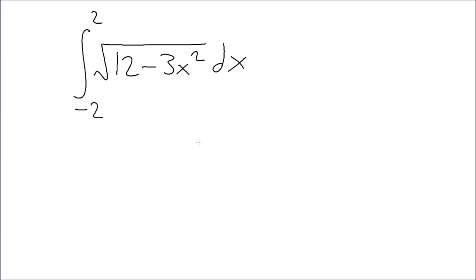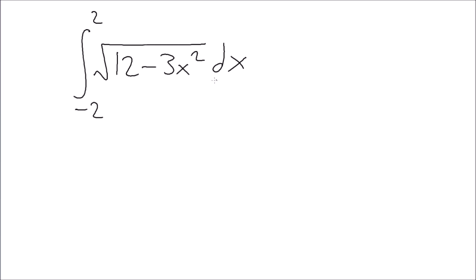What do we do? Well, to check if this can be formatted into an area of a partial circle, we want the 3 to be isolated. What I mean by that is we want this to be x squared itself rather than 3x squared.